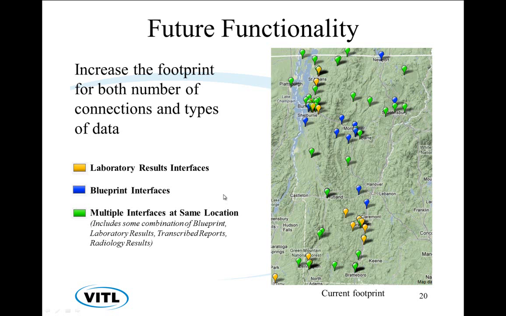So there's some combination of we're doing both Blueprint and lab results and/or transcribed reports and/or radiology results. So that's pretty amazing to see so many markers with green, and I know we have even more with green today. So the idea would be that we fill the Green Mountain State with green.